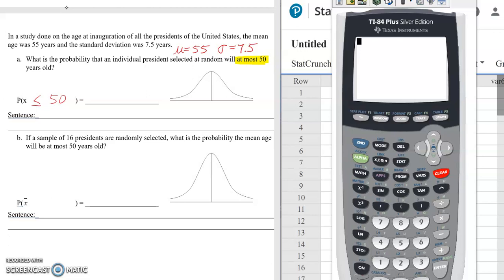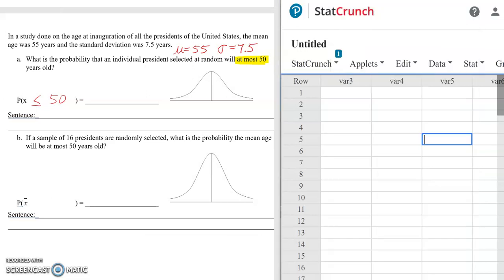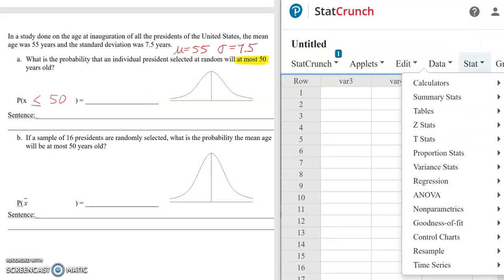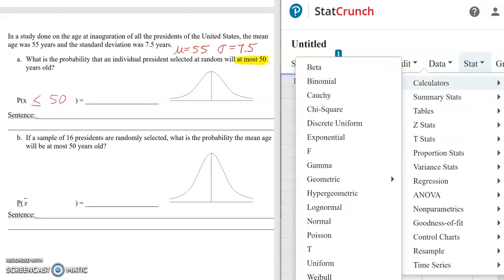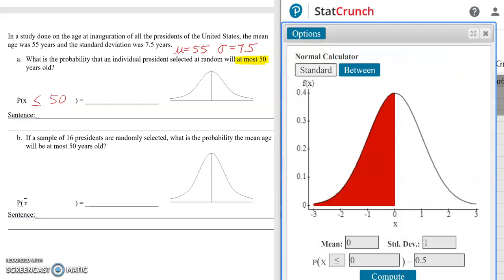Now, in order to find this probability, we're going to use StatCrunch. Under StatCrunch, we're going to go to the Stat feature, then Calculators, and then Normal. At this point, we have to enter the mean and the standard deviation.